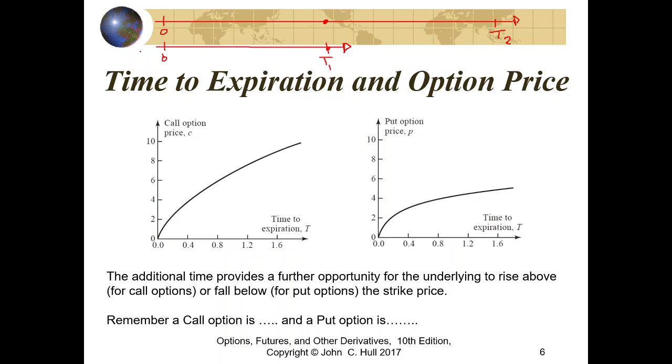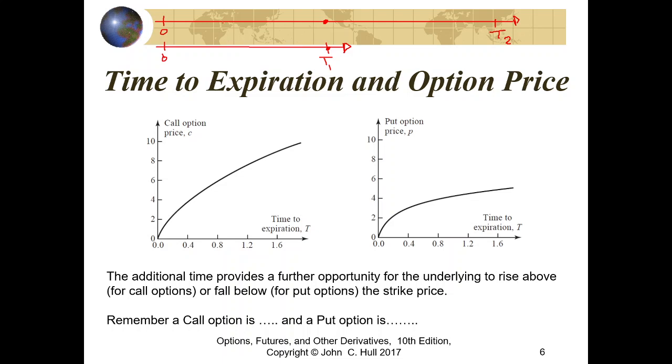Now we learned in chapter 10 that as the option becomes closer to the time to expiration, the time value for that option will decrease. If we reach the date on which the option will expire, the time value is equal to 0.